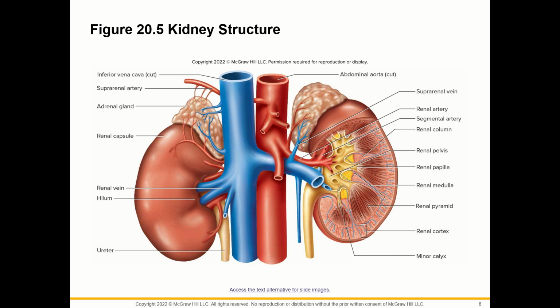All right, here's another picture showing the aorta and the renal artery going in. And you can see the renal vein and the inferior vena cava here. And so this is a really good view of the hilum, which is that central little pocket where the arteries and veins enter and exit respectively.